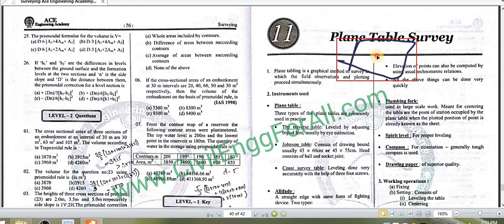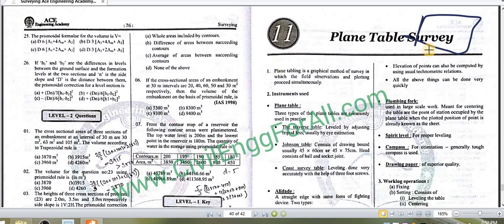The table is mounted on the tripod, and in this method you perform your site observation as well as your plotting work simultaneously. Okay, so this method is generally used in small area works. It is not a very accurate method, but the advantage of this method is that whatever you are performing is visible in front of your eyes, so there are fewer chances of errors.